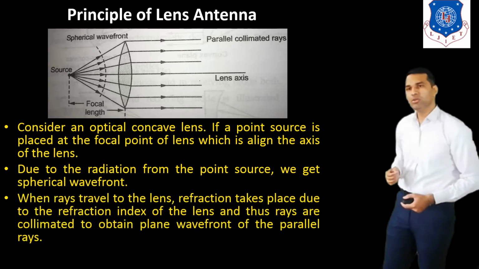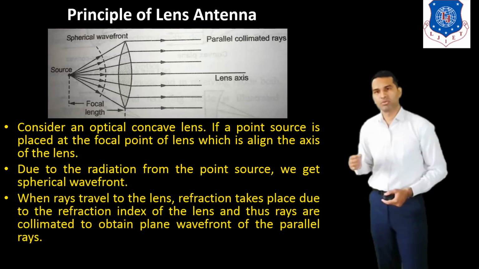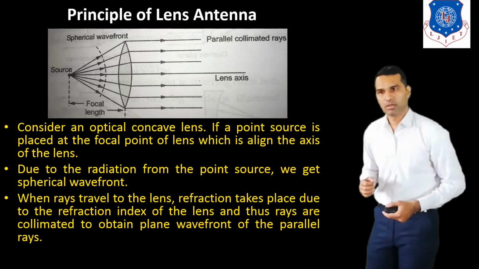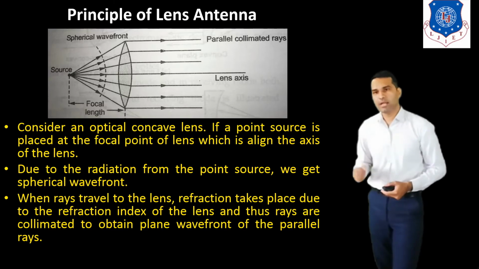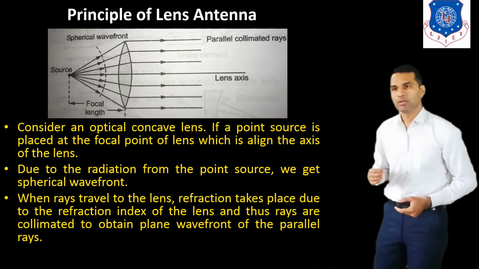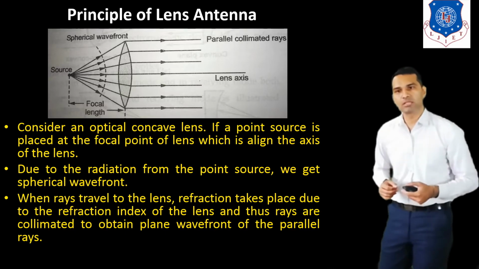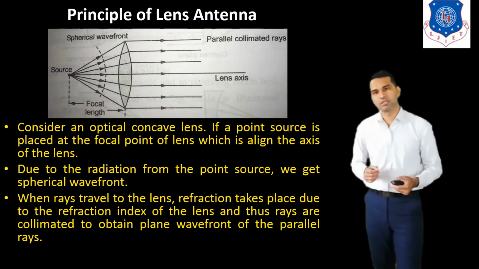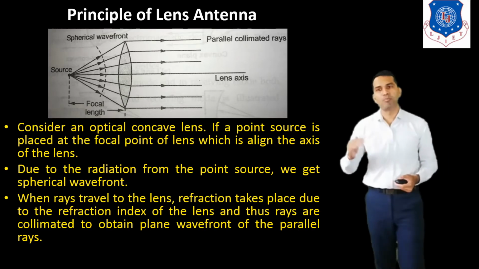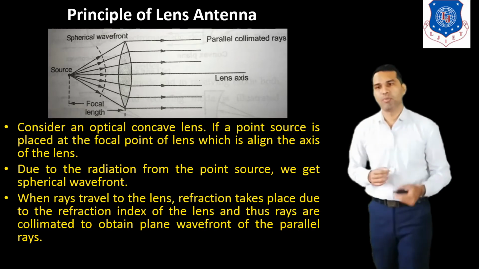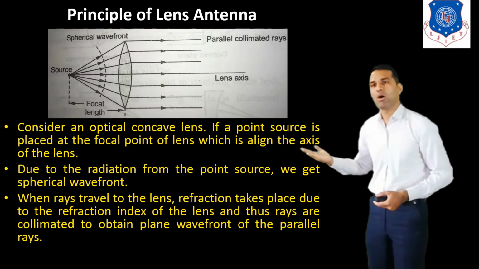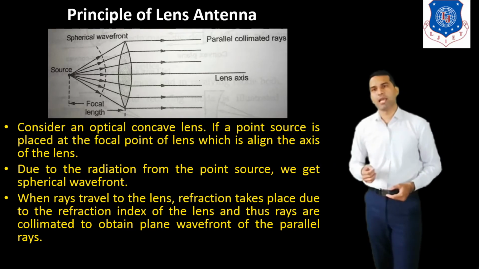Due to the radiation from the point source we get a spherical wavefront. When the ray travels to the lens, refraction takes place due to the refractive index of the lens, and thus the rays are collimated to obtain a plane wavefront of parallel rays. So this is the simple principle of working of the lens antenna.